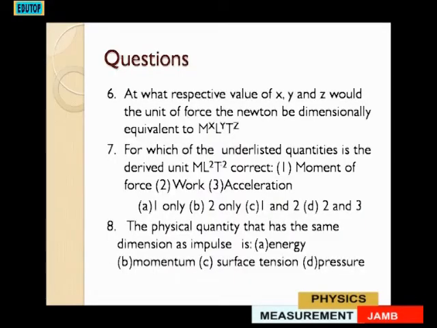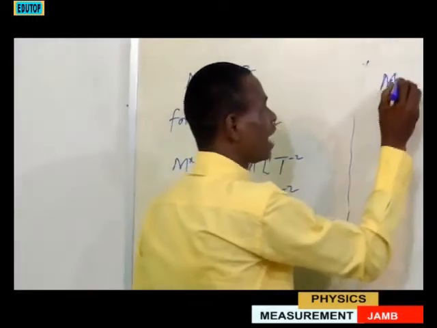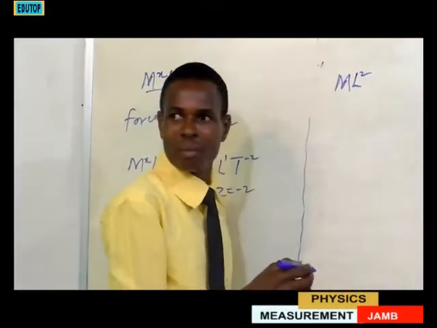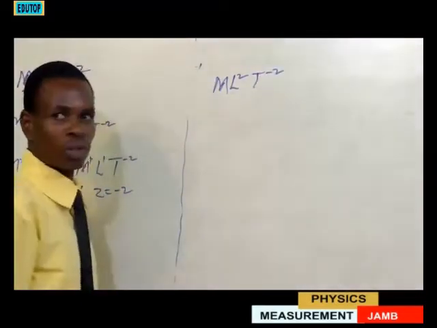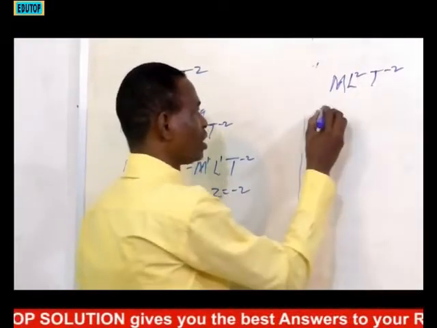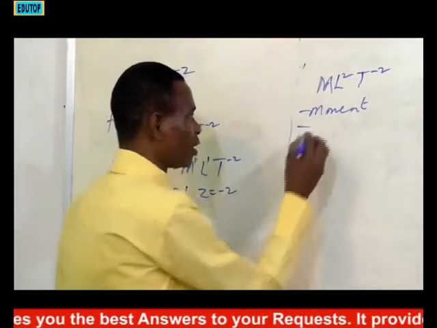Question number 7. Which of the underlisted quantities has the derived unit? Look at this. And you are given a particular dimension: M L squared T raised to the power minus 2. The first one is moments. Another one is work.